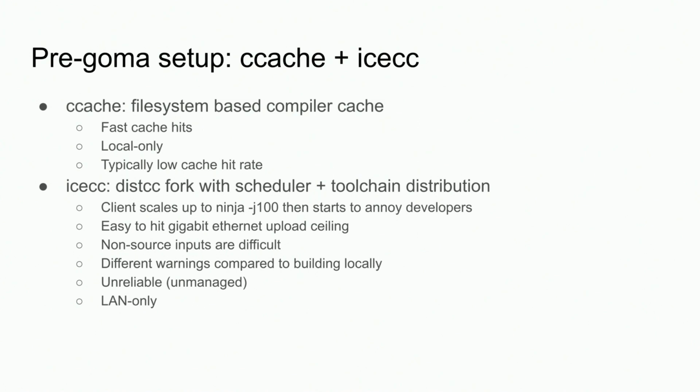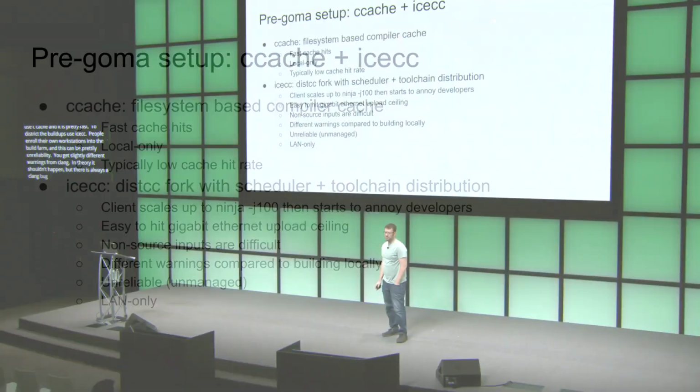With ICC, people enroll their own workstations into the build farm, and this can be pretty unreliable. The other issue is that you get slightly different warnings from Clang when you're building pre-processed source compared to building the original sources. In theory, it shouldn't happen, but there's always a Clang bug that causes trouble. And Chromium is built with W error, so warnings are turned into errors, which makes this really annoying.